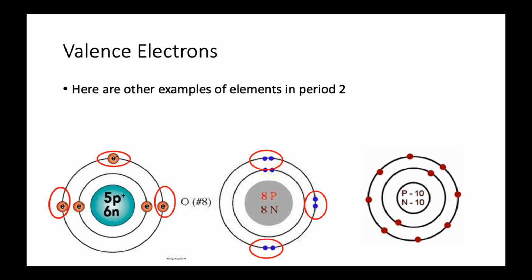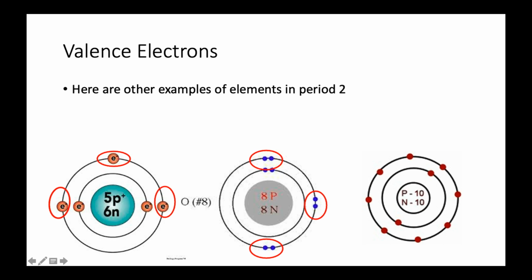So here are examples of other elements in period 2. Notice what happens. They all have 2 energy levels, but what's different? The number of valence electrons.